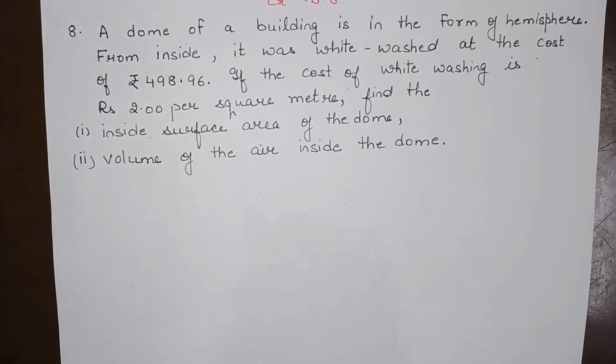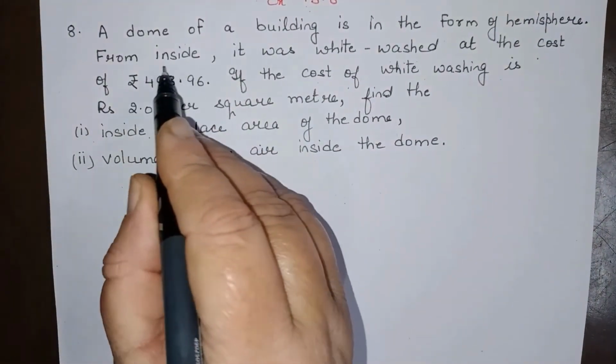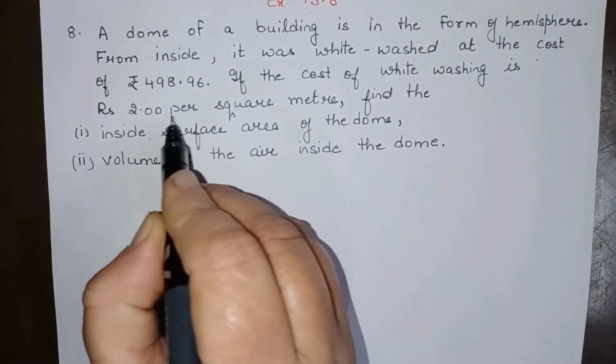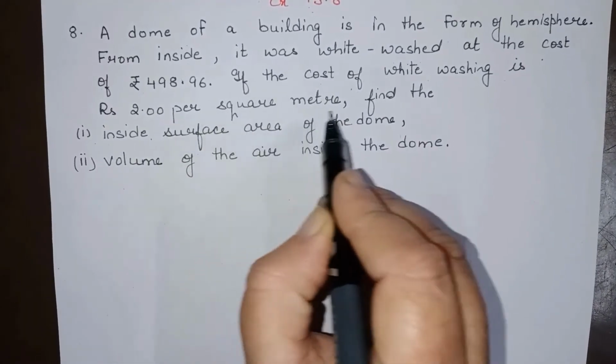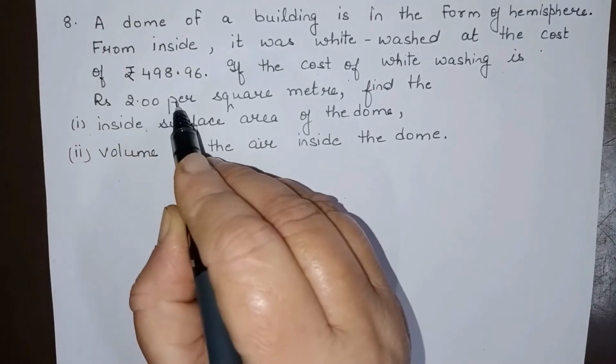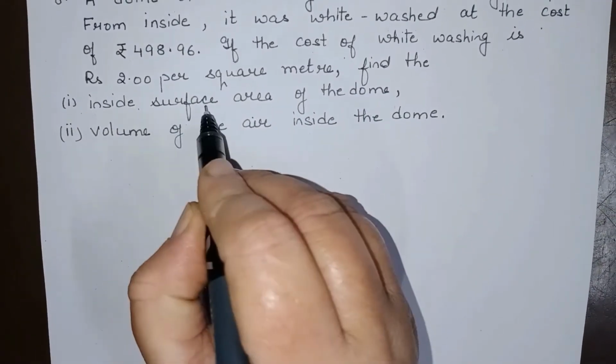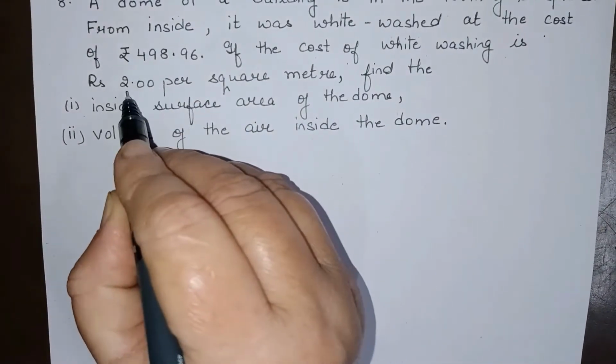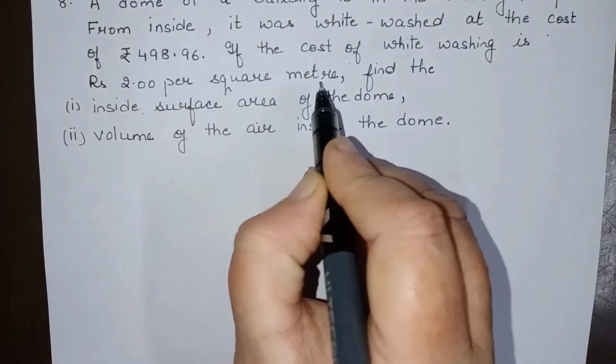Now here in this question, the total cost for whitewashing is 498.96 and the cost to whitewash 1 meter square is rupees 2. So to find the inside surface area of the dome, we will divide the total cost by the cost per square meter.